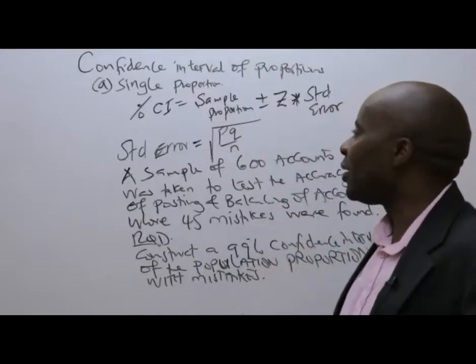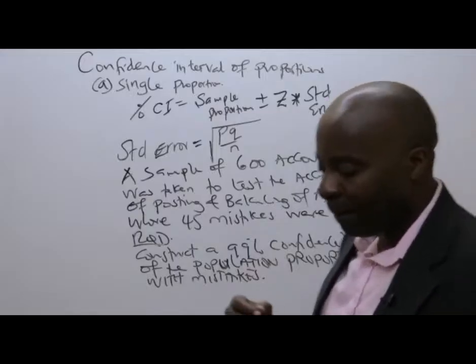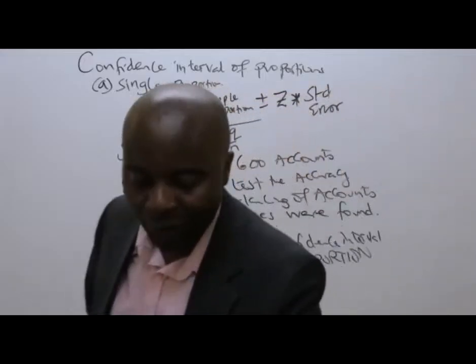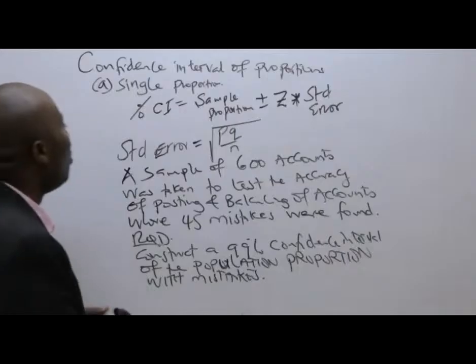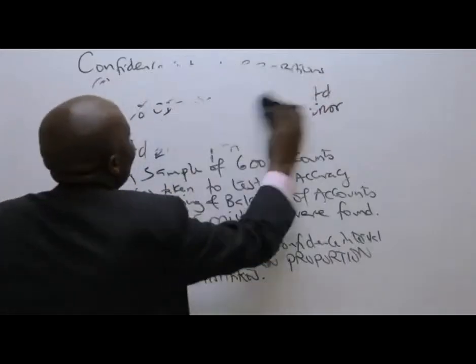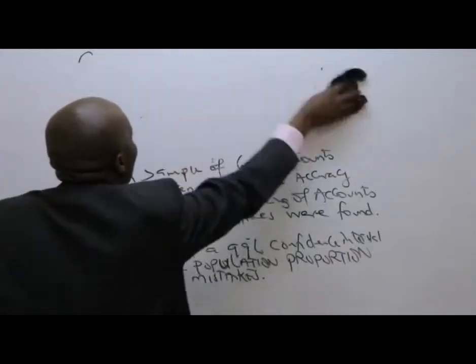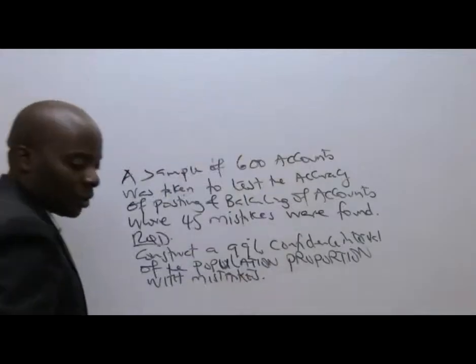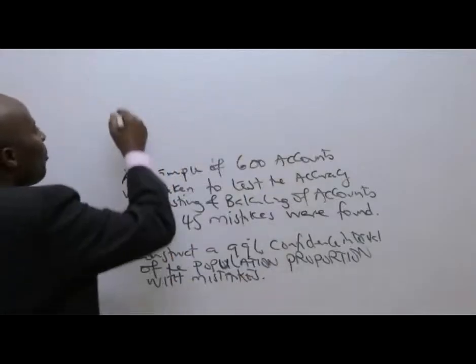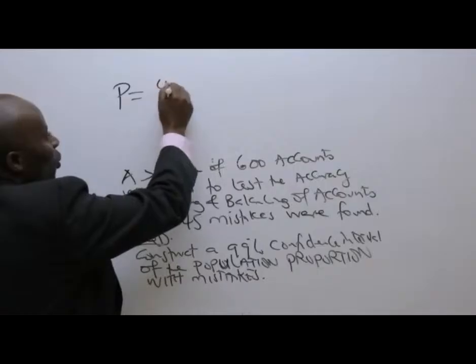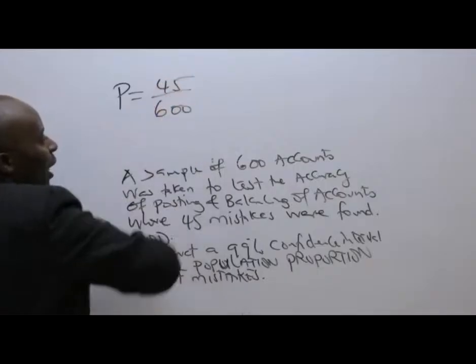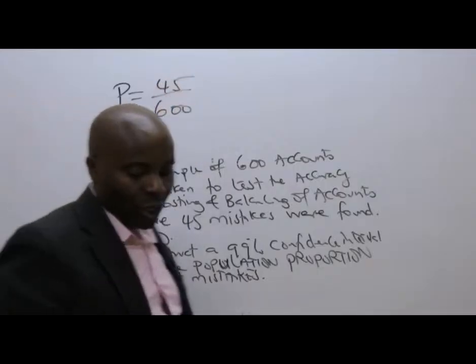So give me the sample proportion with mistakes. It will be 45 out of 600.